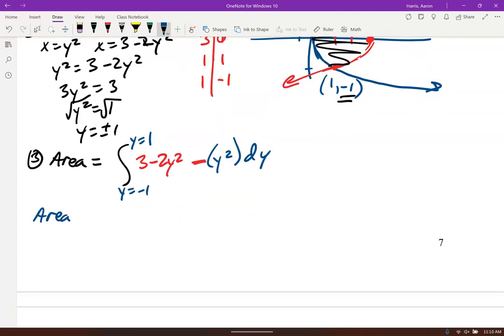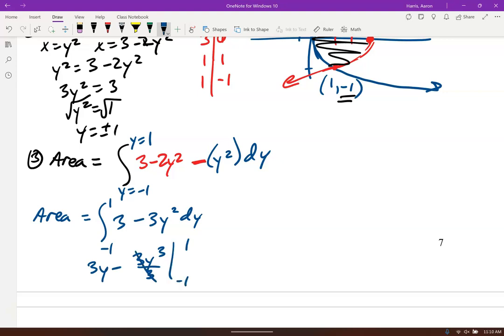So our area is, and notice I have negative 2y squared minus another y squared, so 3 minus 3y squared. So this will be 3y minus 3y to the third over 3 from negative 1 to 1. Let me plug the 1 in. Minus, now let me throw the negative 1 in.